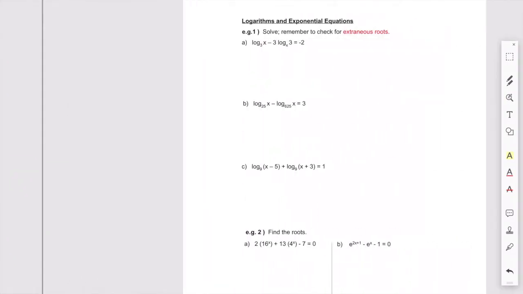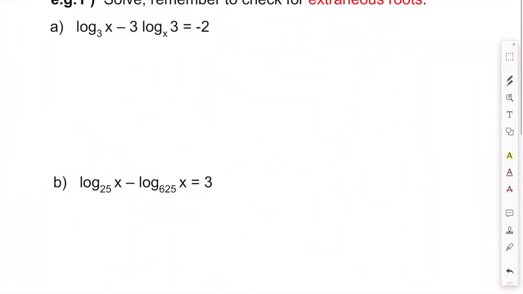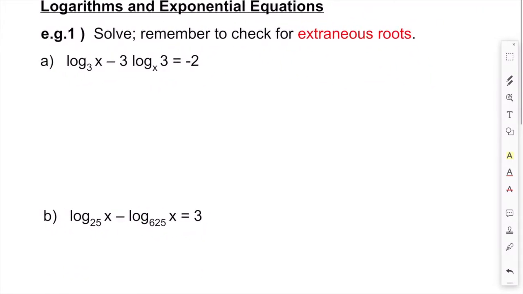So here is example 1. Solve and remember to check for extraneous roots. So in this question, we have log x base 3 minus 3 log 3 base x, which is equal to negative 2.